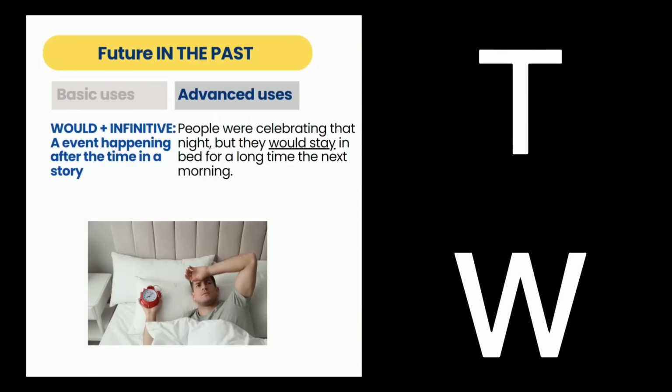It's kind of like giving a preview to someone when you're telling a story. You're previewing the next part. So people were celebrating that night, but they would stay in bed. That is what is coming next in the story.